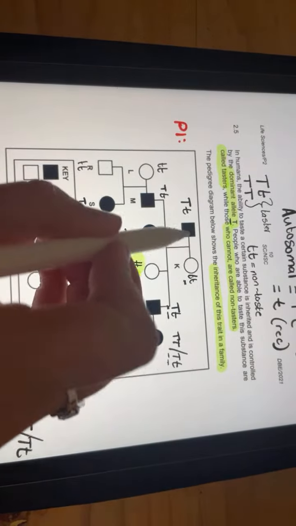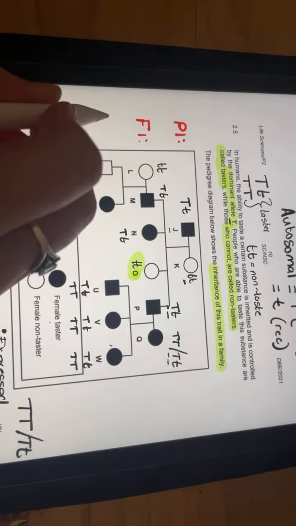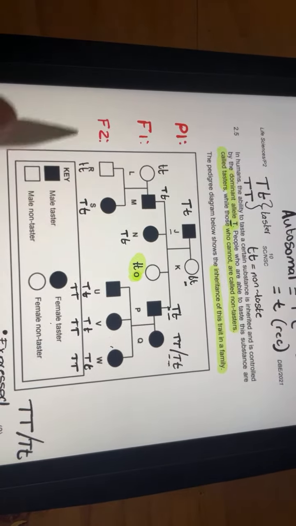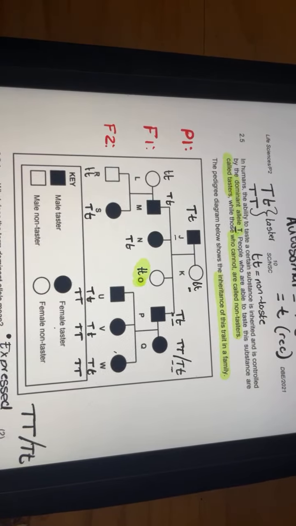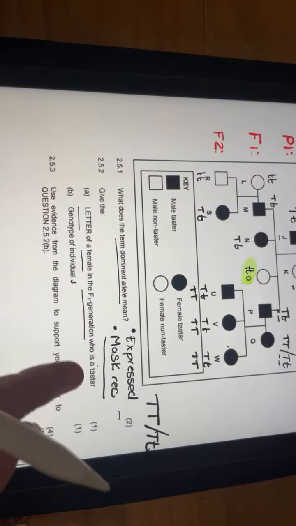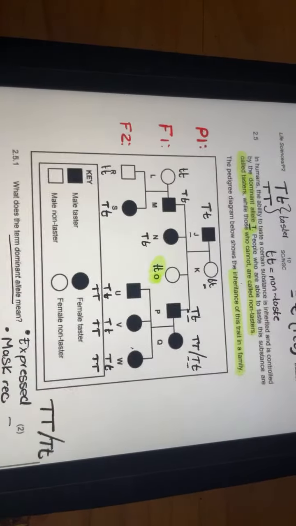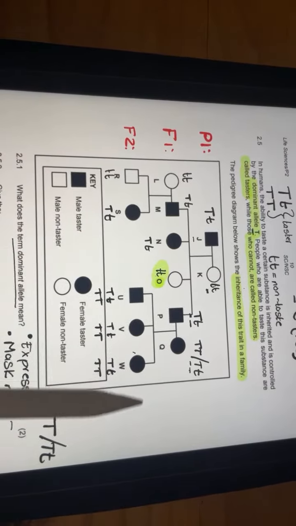This is the first parental. This is the F1 generation. This is the F2 generation. Filial means family or offspring.